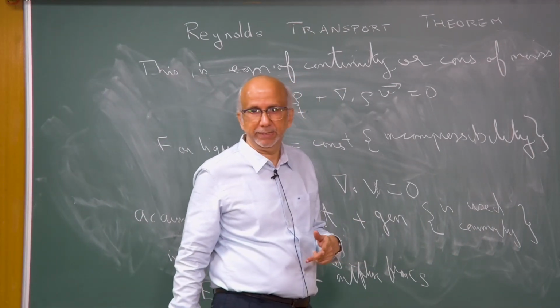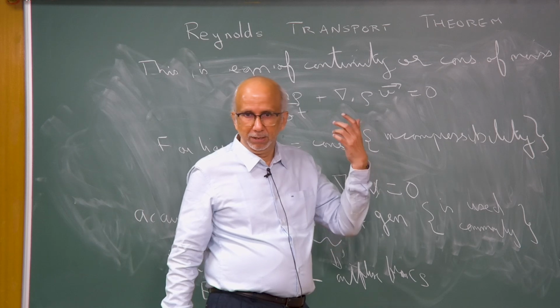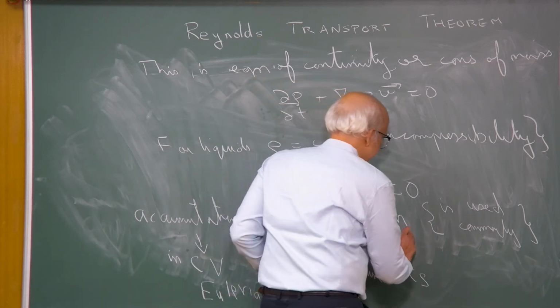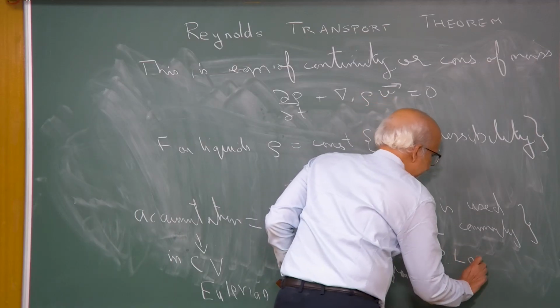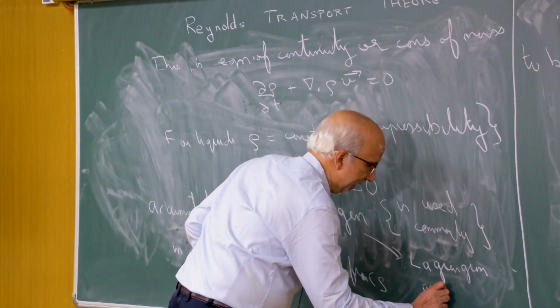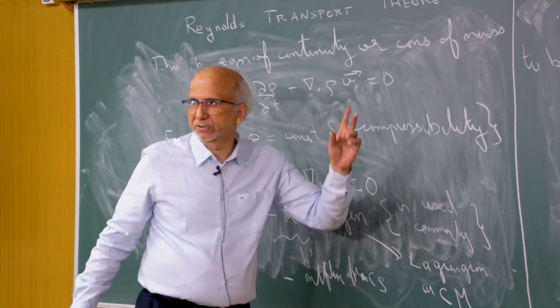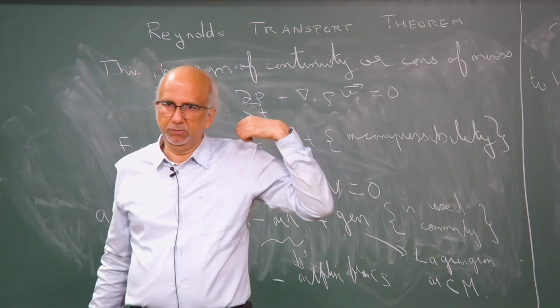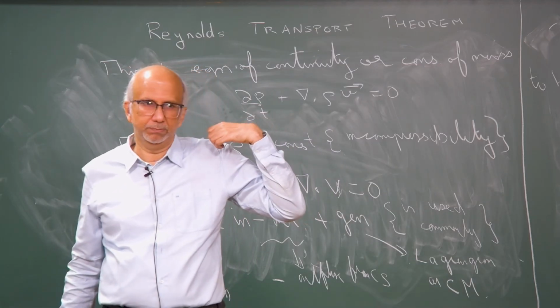What is that? That is the Lagrangian, associated with the control mass. So, there are 3 terms in the Reynolds transport theorem, and I am trying to identify those 3 terms with what you have seen before.